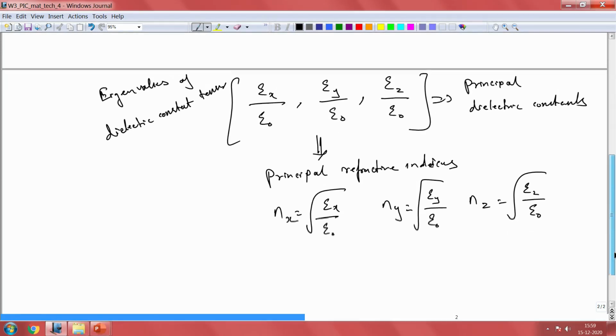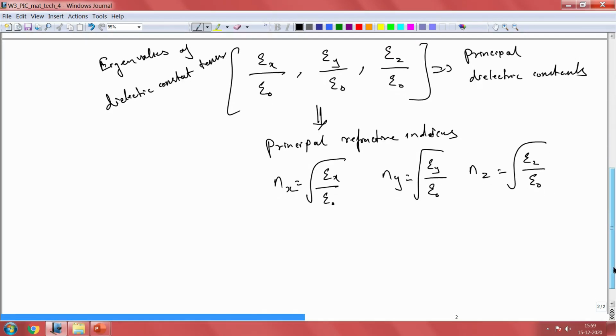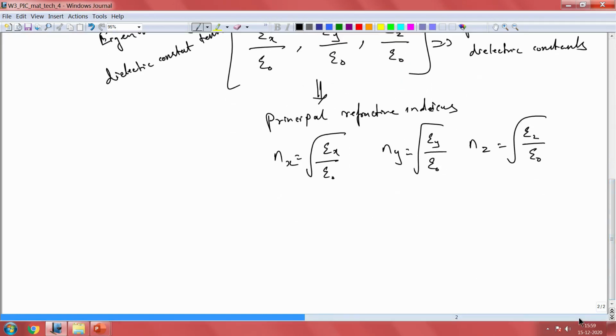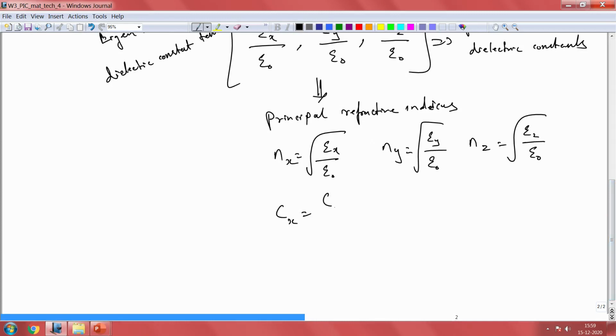So we all know that the speed of light is also going to change. So now if you look at the phase velocity of light, it is now c naught over nx. So now cy is c naught over ny. Sorry, cz is nothing but c naught over nz.